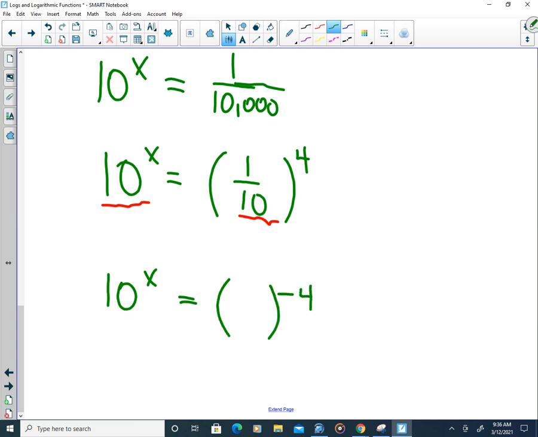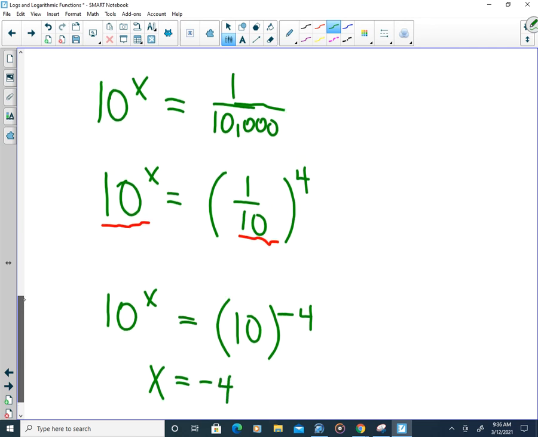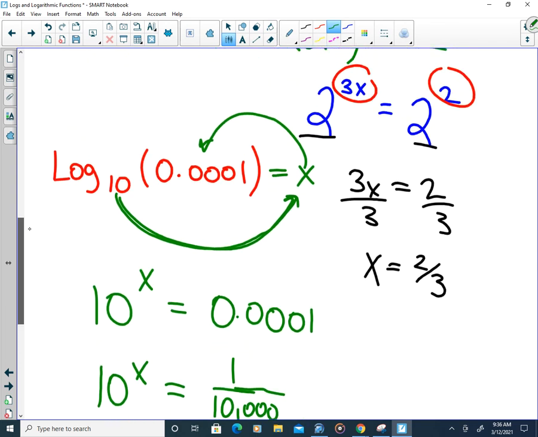What that does is flip the base. It changes the base from 1/10 to just 10. So what does x equal? x equals negative 4. So log base 10 of this decimal is negative 4.